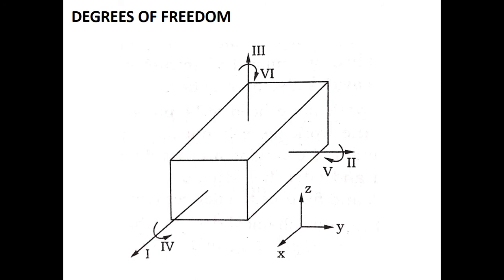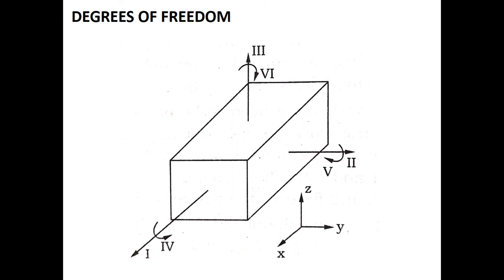If you look at this picture, a rectangular block is shown here. You can see a reference coordinate system x, y, z placed at the corner. Three translational movements and three rotational movements. Now we can say this rectangular block has 6 degrees of freedom.